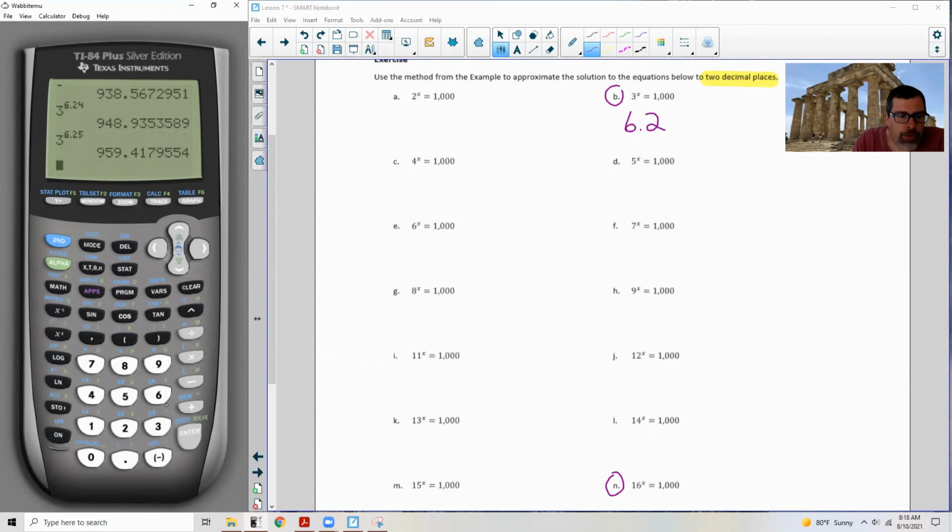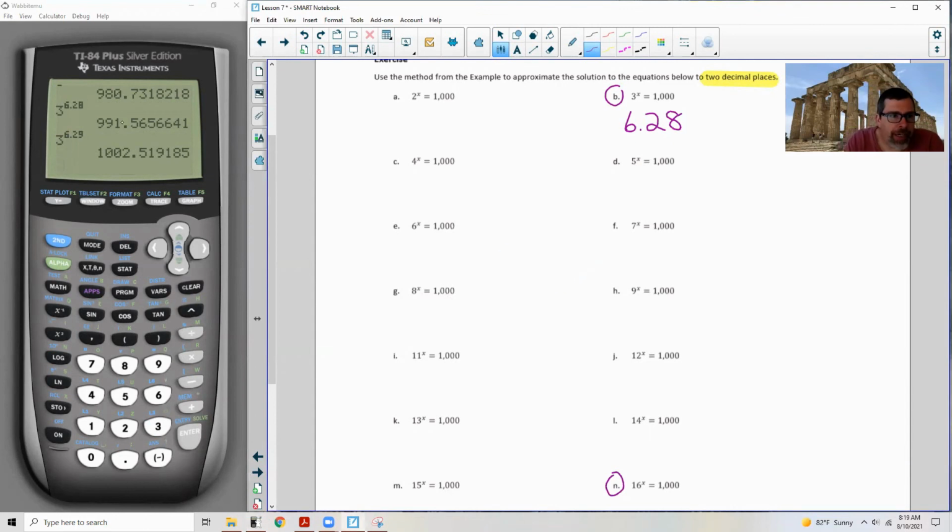Still not there. 6.26, enter. 6.27, enter. Still not at 1,000. 6.28, enter. 991. I'm assuming if this increased by 9 and it increased by at least 9 again, it's going to go over, but I'll check. 6.29 is too big. So I will stop at 0.28.